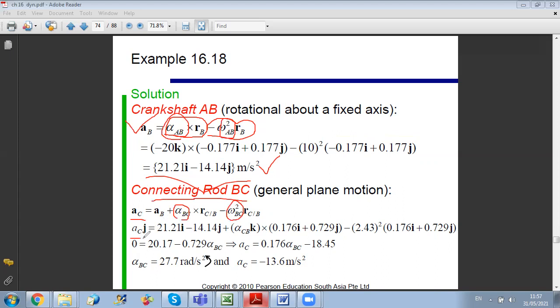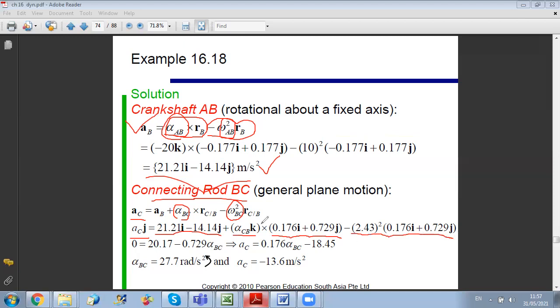So AC is unknown in magnitude, so I put ACJ equals, I replace AB by the value I got from the previous step. I assume that alpha CB is counterclockwise, so it will be alpha CBK. Vector CB is already calculated in the previous step, cosine 13.6 or sine 13.6, and minus omega square BC times vector BC.